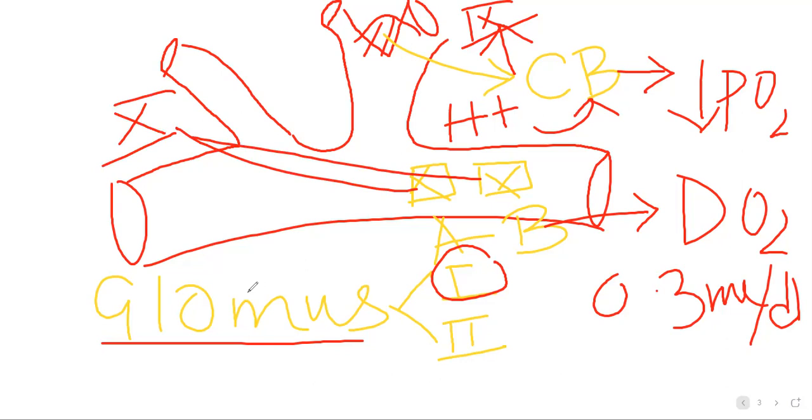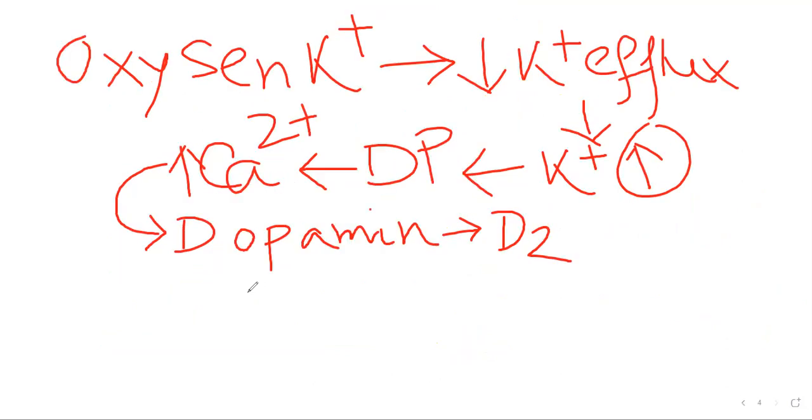So from here, the D2 receptors are present at the nerve endings of the 9th and 10th cranial nerve, and the D2 receptor is a G protein coupled receptor with action similar to the G alpha inhibitory effect.